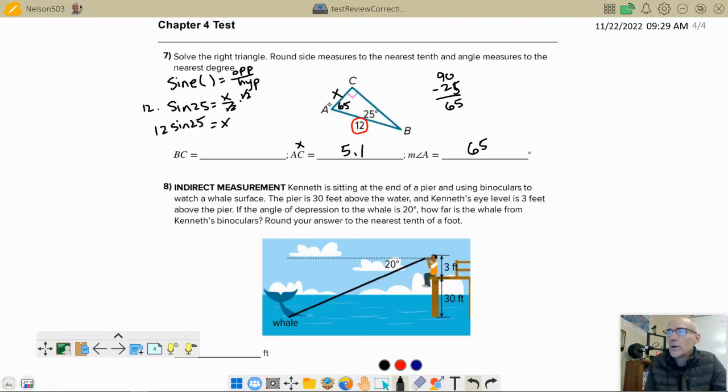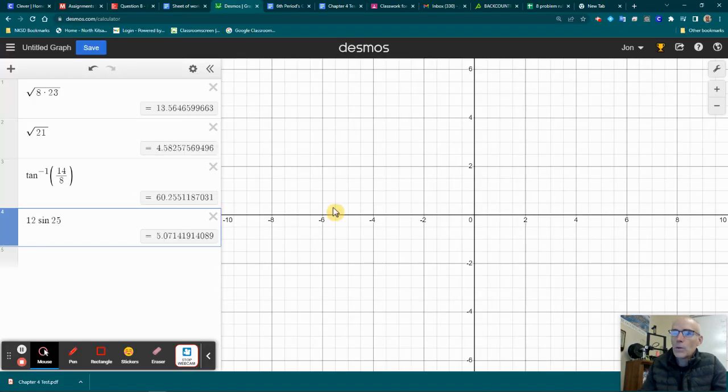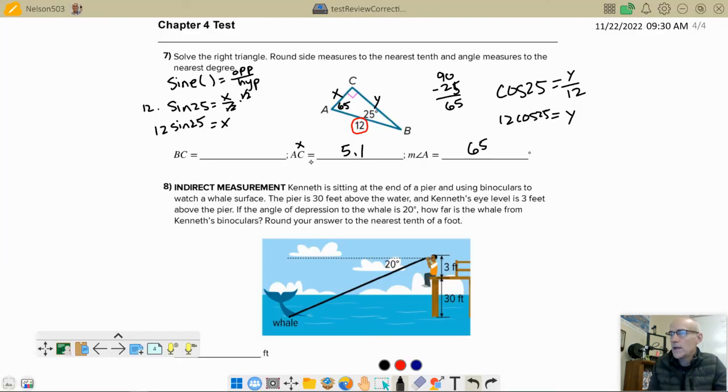And then you could do Pythagorean theorem to get y over here, or you could do the cosine of 25 equals y over 12. Then I multiply both sides by 12, and I end up with 12 cosine 25. So in my work over here, all I need to do is change this guy right here to cosine, and I've got 10.9. So this one's 10.9.